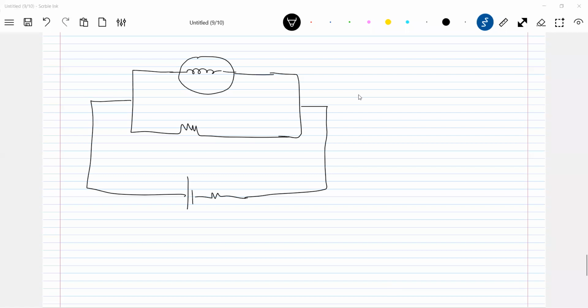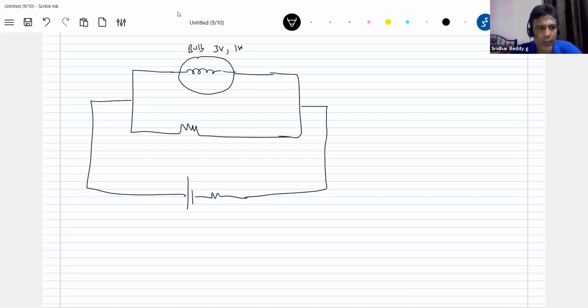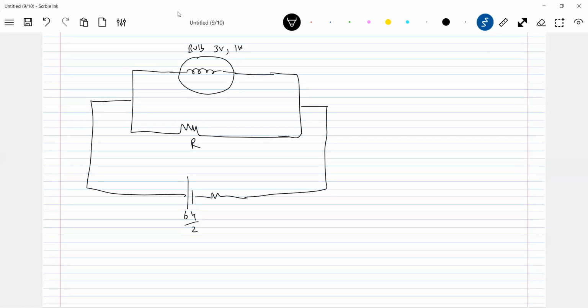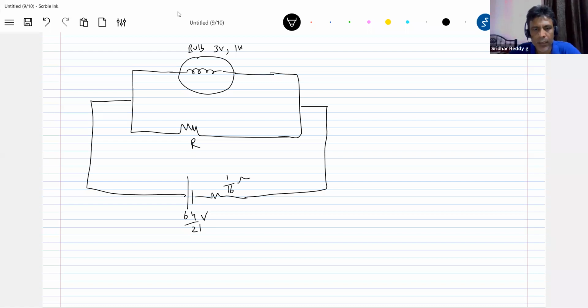Okay, let's take this question. This is a bulb, where the voltage rating is 3 volt and the power rating given is 1 watt, and the internal resistance of the source will be 1 by 16 ohm.